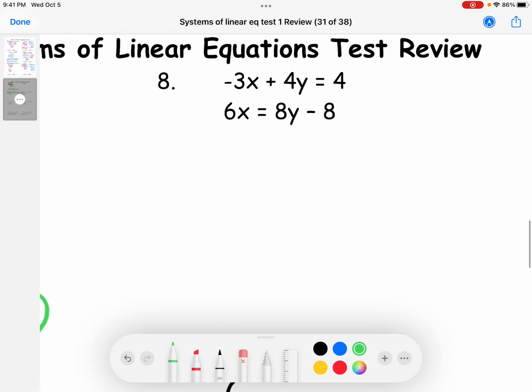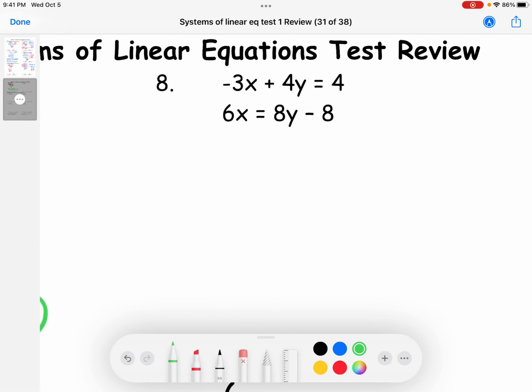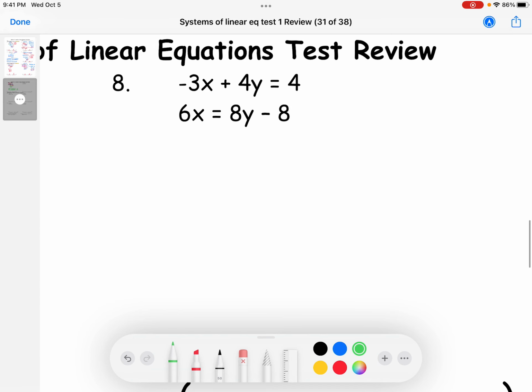Okay. Number 8 can be a little bit tricky because you got to watch out for something like this. On the top equation, you have negative 3x plus 4y. You have x and y both on the same side of the equal sign. On the bottom equation, you do not have that. Okay?